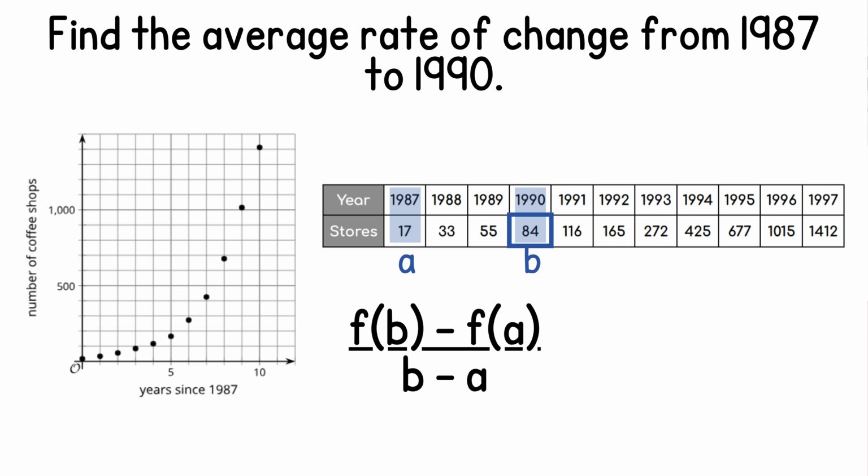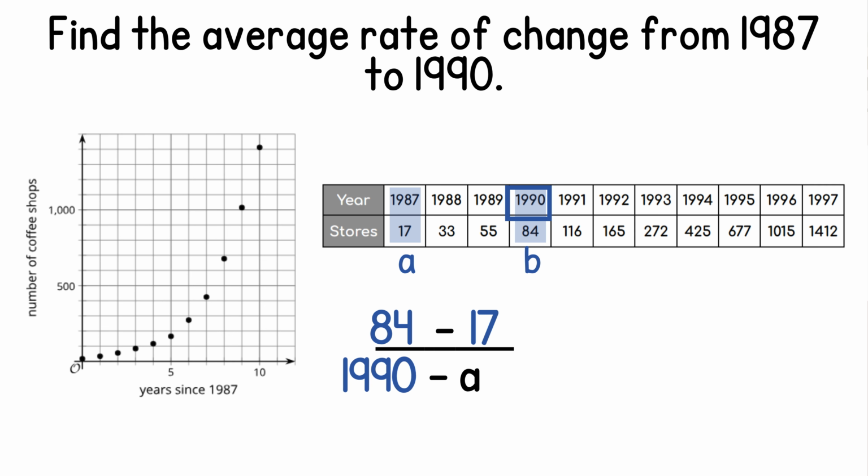So we're going to take the formula for the rate of change, and we'll replace f of b with the output, which in our case is 84. Now we need the output of point A, and this would be 17. So we'll replace f of a with 17. Now we need the inputs. The input of point B is 1990, and the input of point A is 1987.